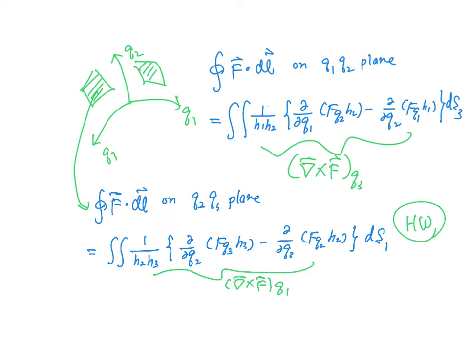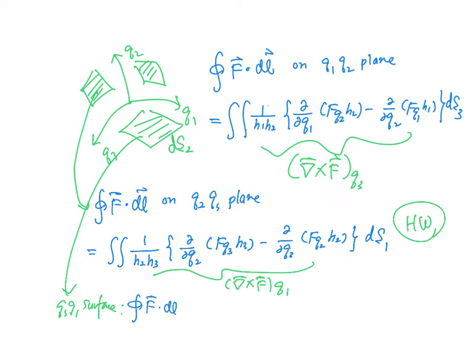And if we do the other thing here, Q3 Q1 surface, and this surface is TQ2, DS2. Here is the following. Here it's actually this DS2, 3, 1.